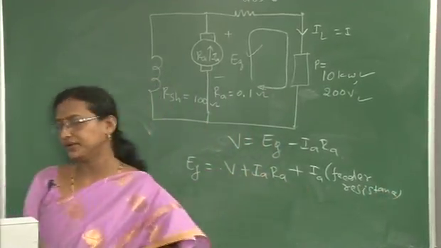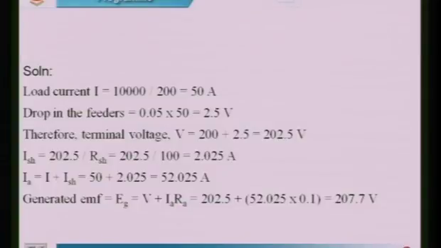So now the terminal voltage V is equal to 200 plus 2.5 volts.